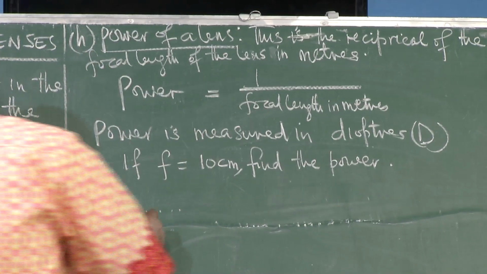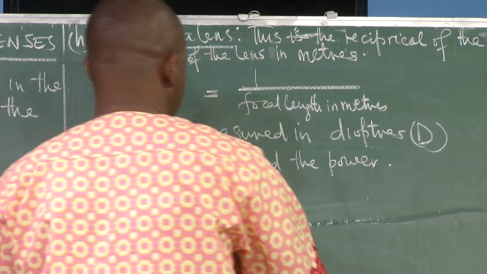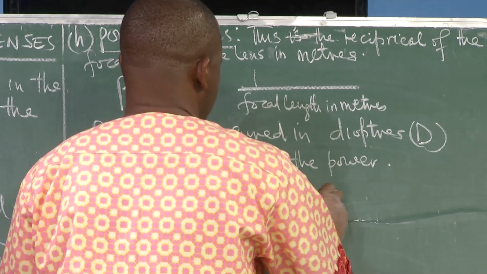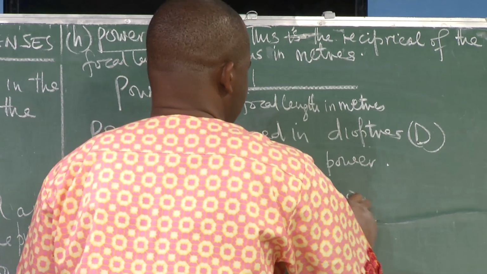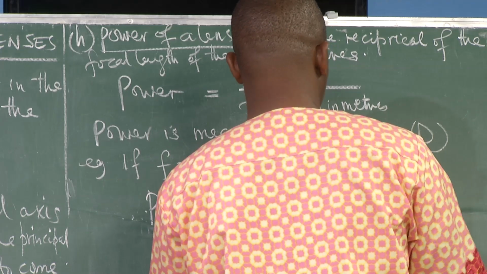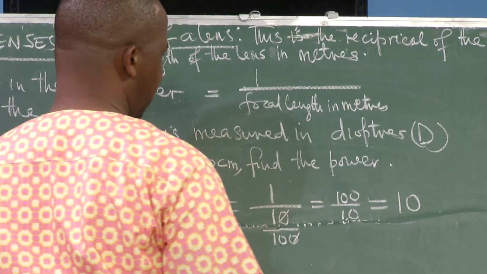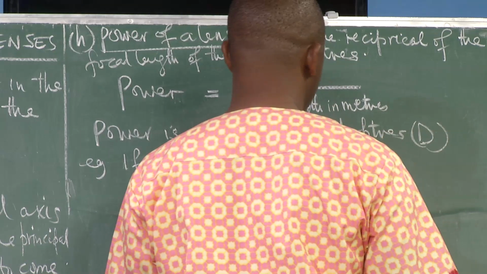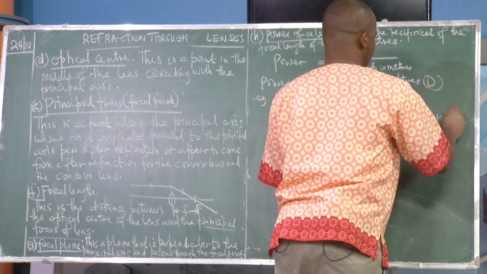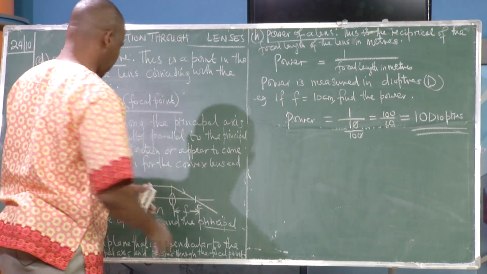So power will be equal to 1 out of the focal length in meters, 1 out of 10 over 100, which is actually 100 out of 10, and this is giving us 10, because when we take 0.1, which is the same as 1 out of 10, we get 10. The units are called diopters.